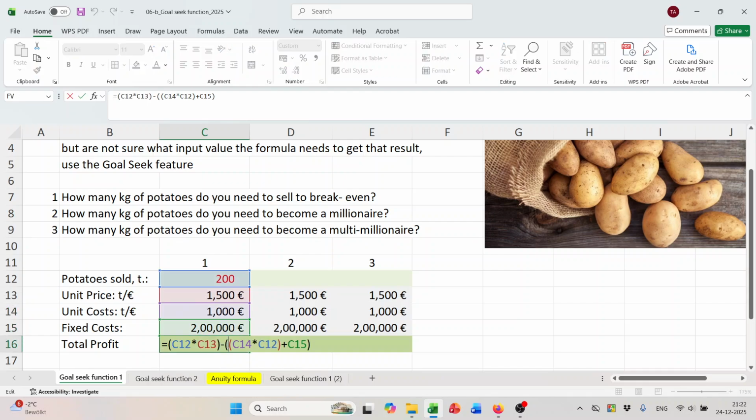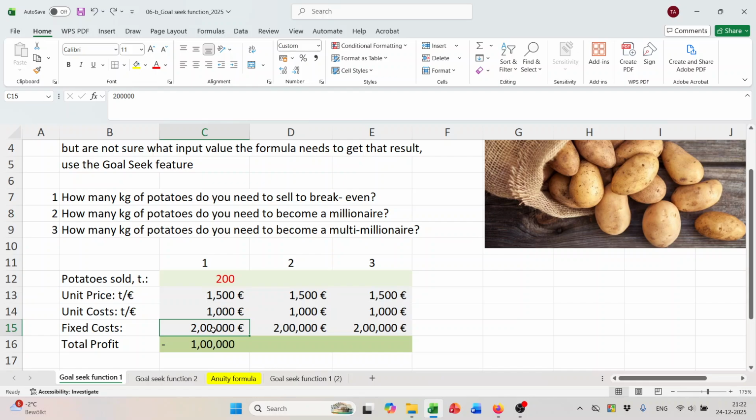So goal seek is a feature where we can select a goal in any cell, and it will change another cell to reach this goal.